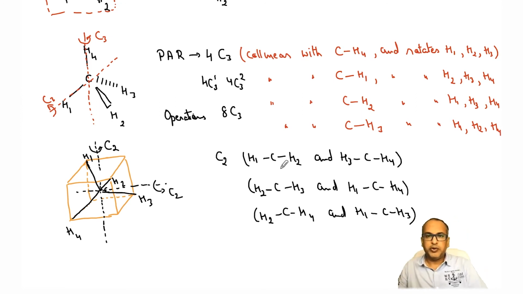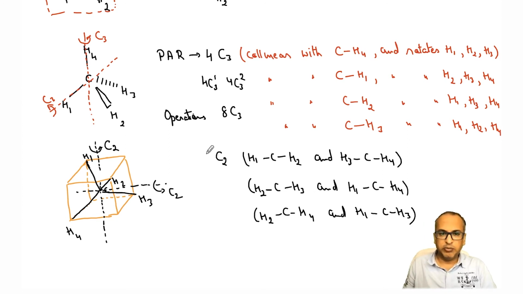Now if you carefully notice, all 6 carbon hydrogen angles have been listed here, so that means there is no other possibility of listing another C2. So that would mean that there would be 3 C2 axes, and each C2 gives rise to one C2 operation, so there would be 3 C2 operations.